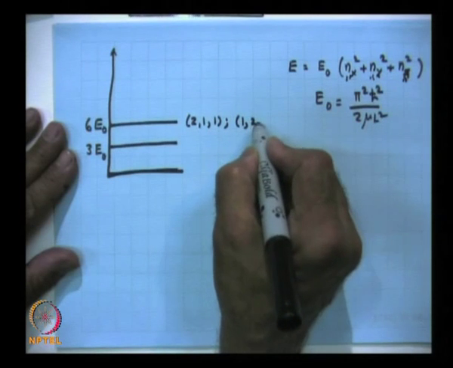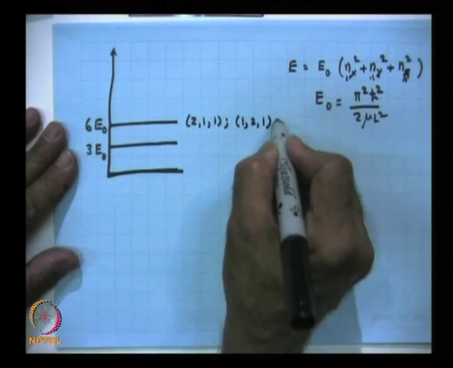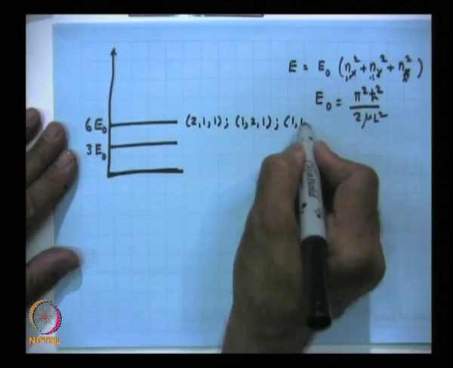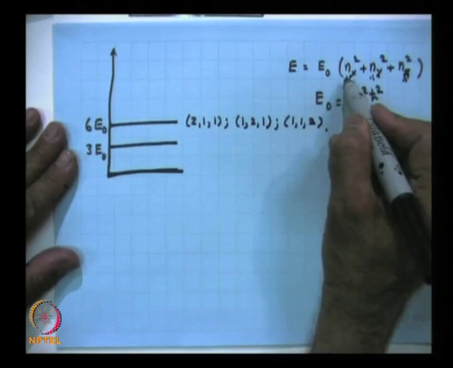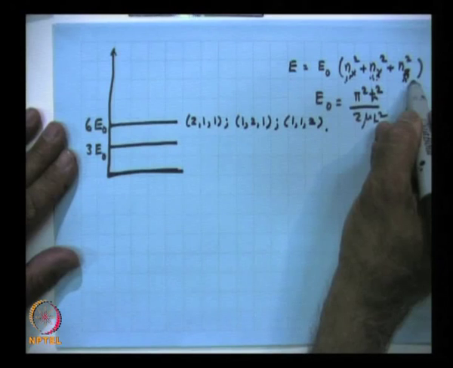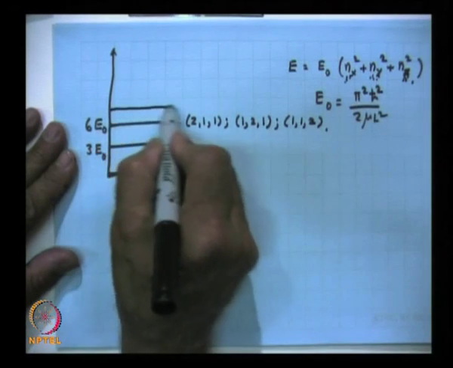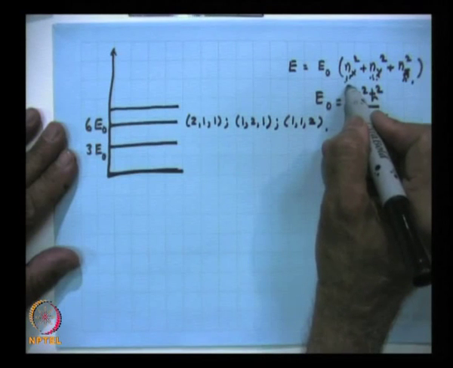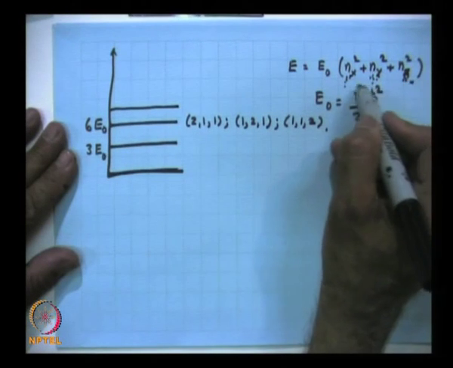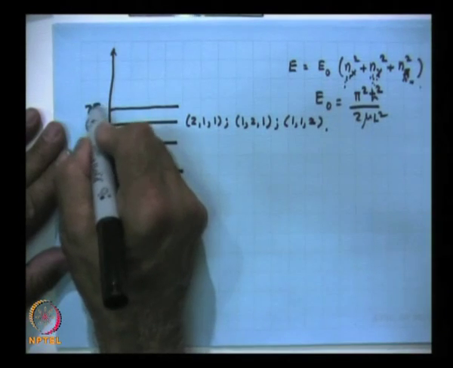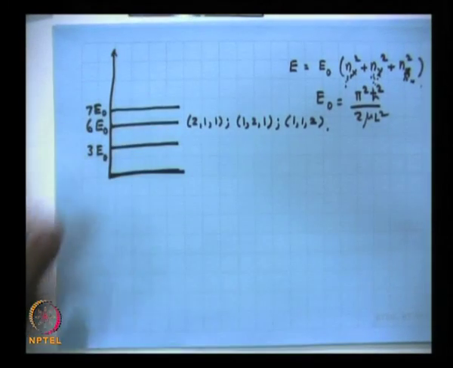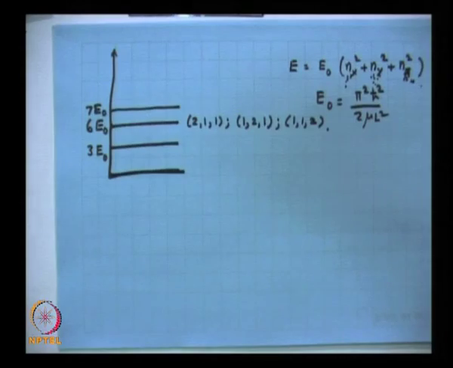Then you can have 3 1 1, 1 3 1 and 1 1 3. So, that is 7 E 0, and so on. You can write down the various states very quickly.